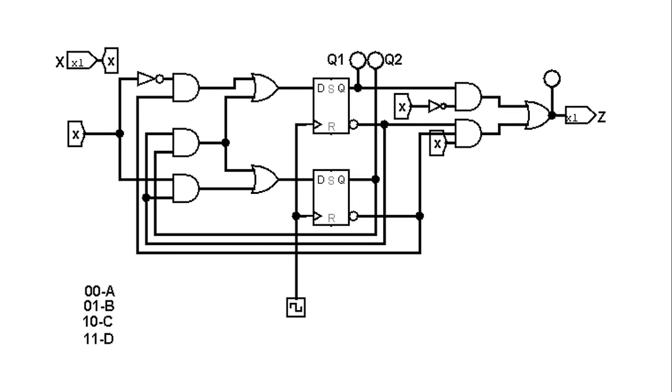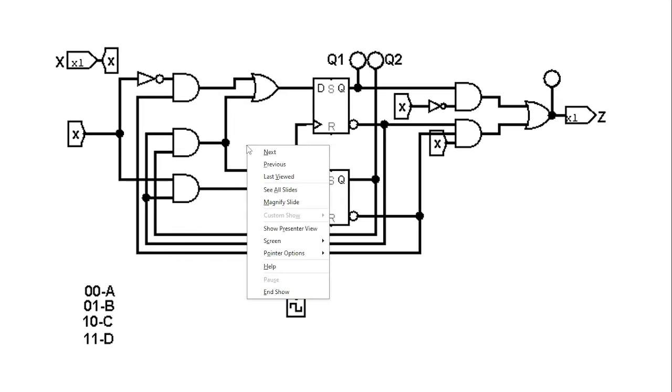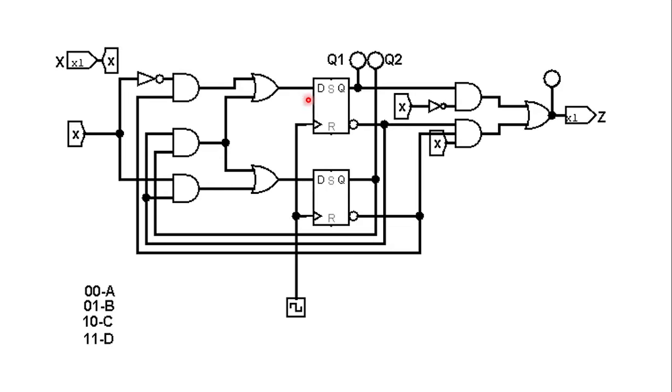Now let's look at this diagram and analyze how D1 will be derived. If you look at this circuit diagram, D1 depends upon an OR gate which has 2 inputs.